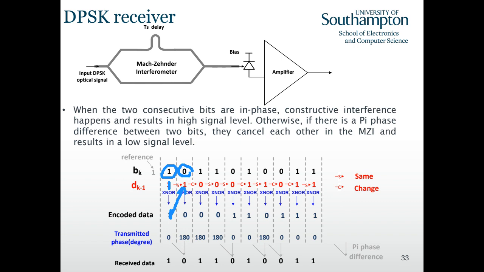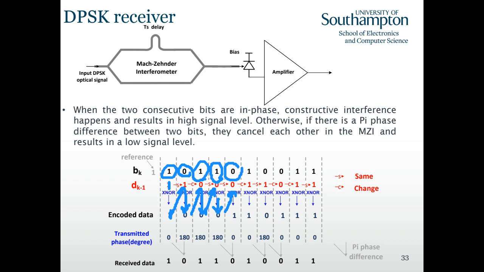And this is delayed to be the reference of the next transmitted symbol. And then incoming is 1. We do not change it, so it's 0. And then they become the reference to the next. The next incoming is 1. We do not change it. And then this is delayed to be the next one. Incoming is 0. We need to change it, so it becomes 1 here, from 0 to 1. And this is delayed to be the next one.